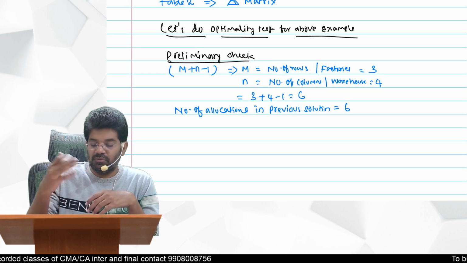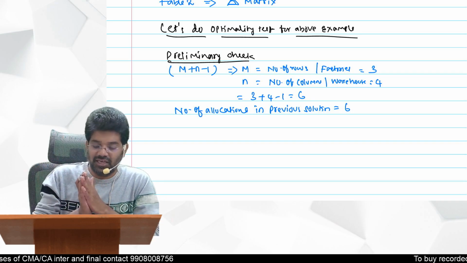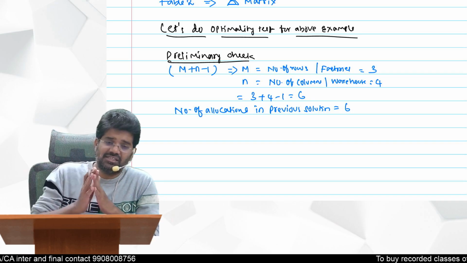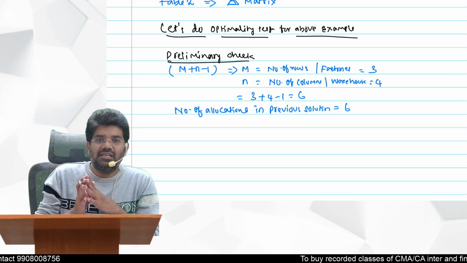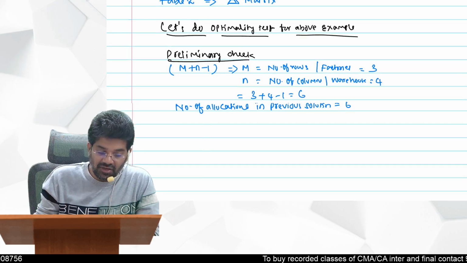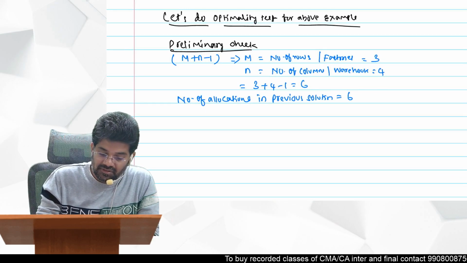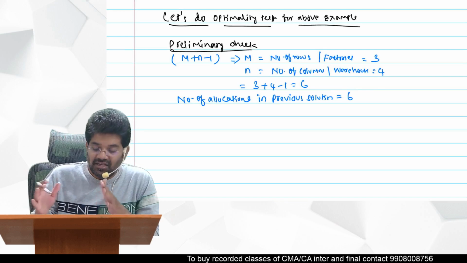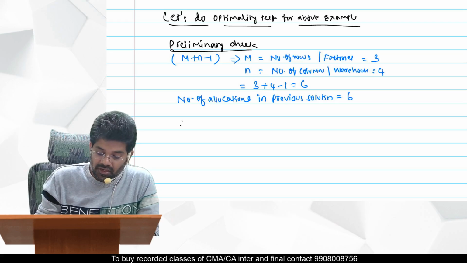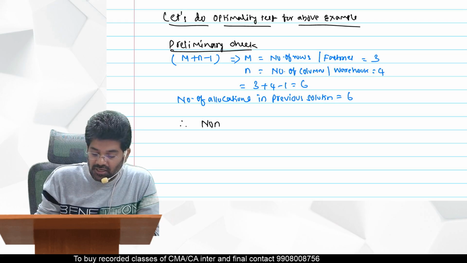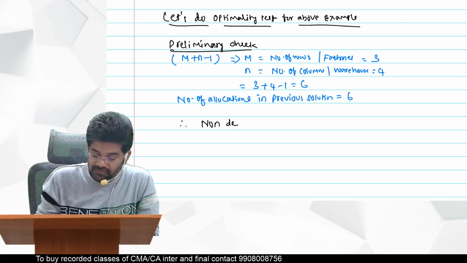That is, M plus N minus 1 must be equal to the number of allocations. The reason is that you cannot prepare the U plus V matrix without this condition being satisfied. Once it is satisfied, we call this a non-degenerated solution.